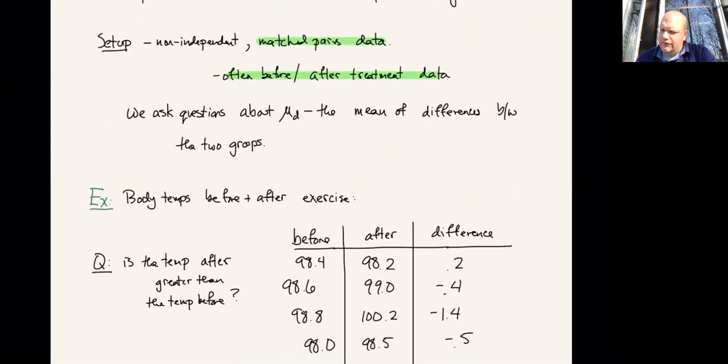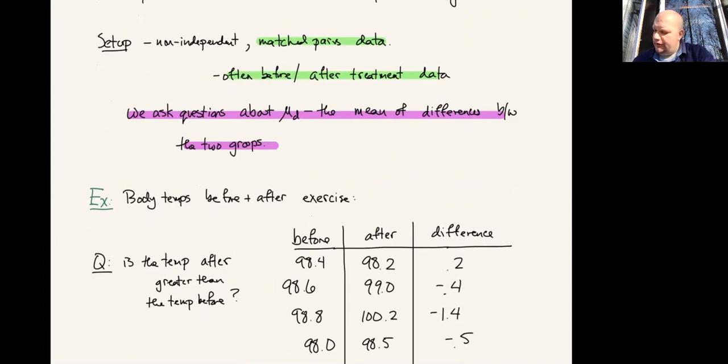What we're going to do in this situation is be interested in the differences between those pairs, for instance, the differences in the data before and after the treatment, to see if that treatment has some interesting effect. So we're going to ask questions about the mean of those differences, which in the textbook I'm going to denote by mu with a subscript of d for differences.